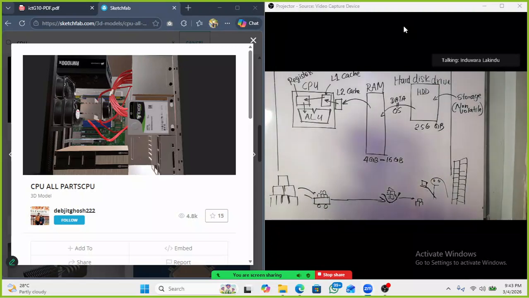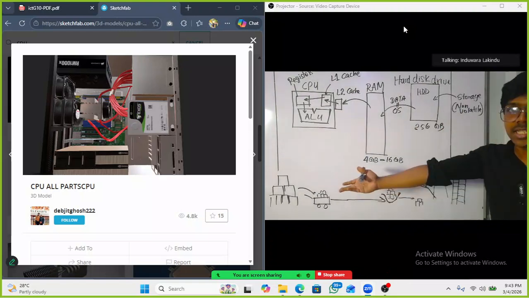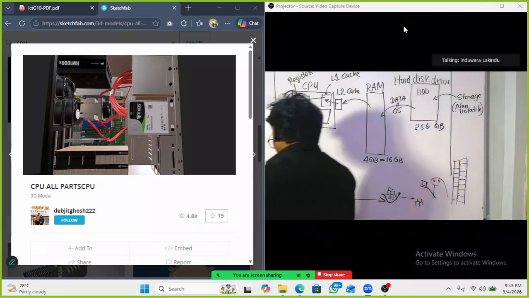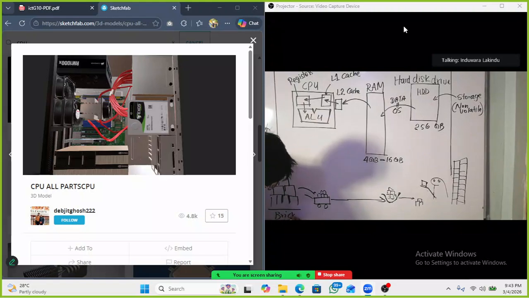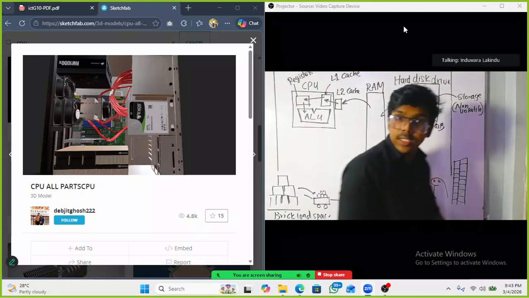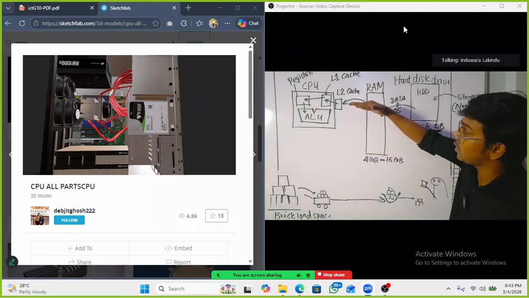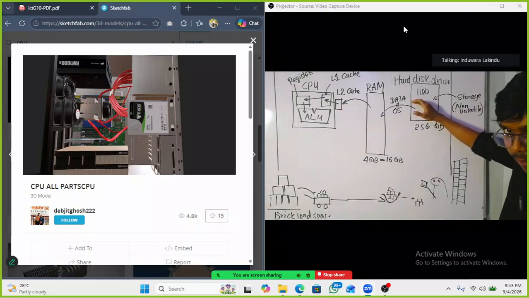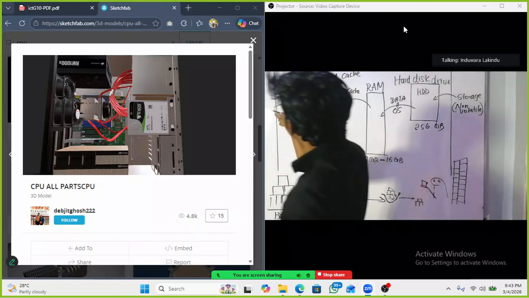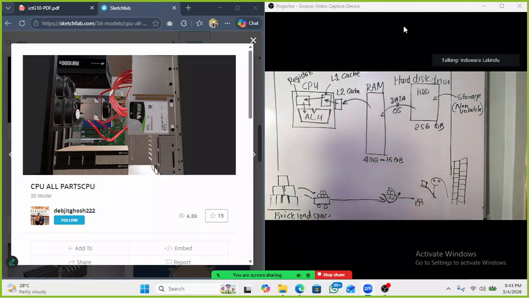And which one has the highest capacity? The brick load space. That has the highest capacity. Same way inside the computer, the hard disk has the highest capacity. Which one has the lowest capacity? The register. Same story here.